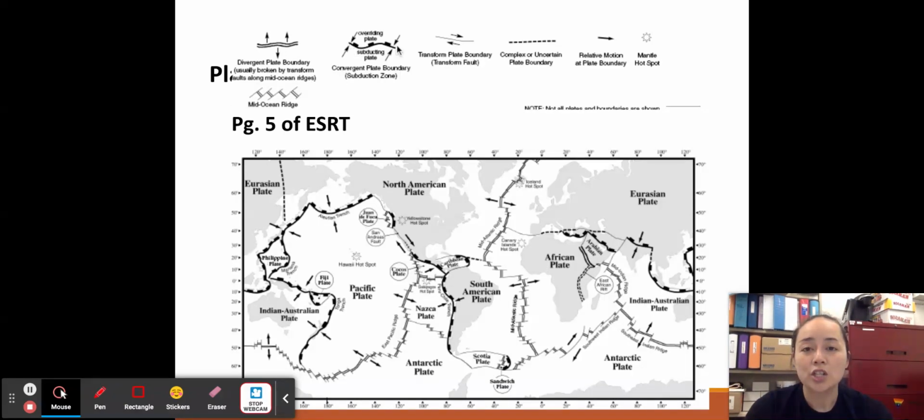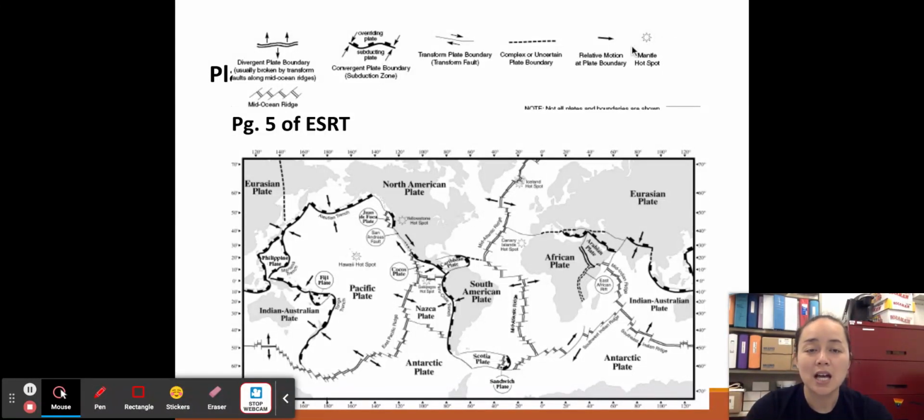If there are lines with these little boxes on them, then this is a convergent plate boundary, which is also called a subduction zone. The boxes indicate the subduction zone. When they're pushing past each other, those are transform plate boundaries or transform faults. Some where the type of boundary is unknown are called complex or uncertain. And the arrows indicate the relative motion.